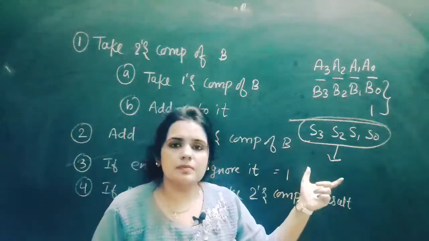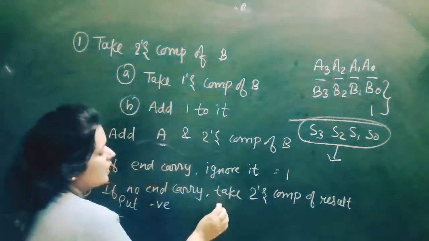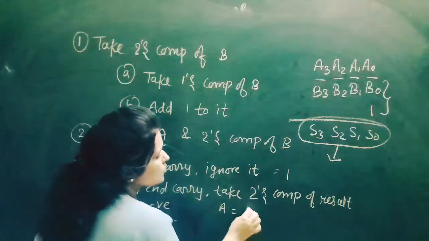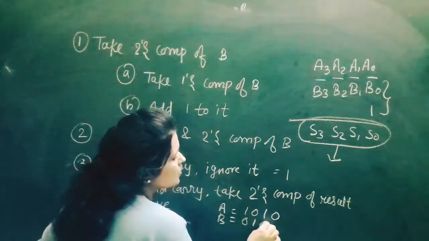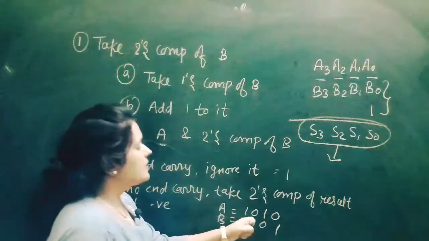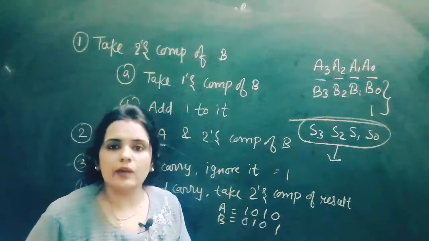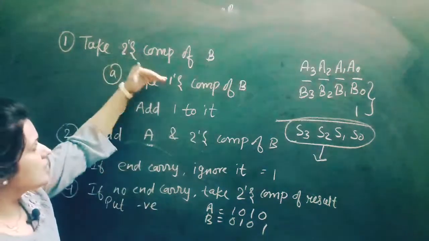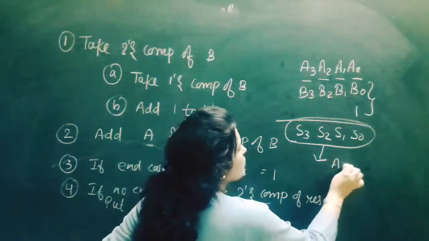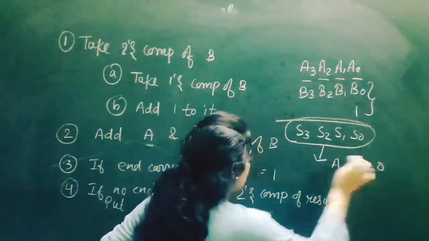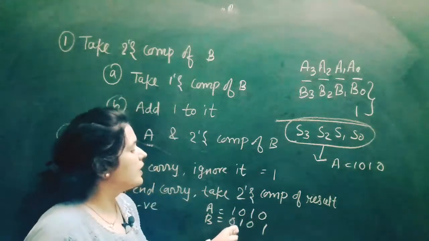We can verify this method by taking two numbers. Let us say our first number is 1010 and our second number is 0101. So in the first step A is 1010. We do not have to make any changes in A, but in the first step we have to take the complement of B. What will be the complement of B? It will be 1010.